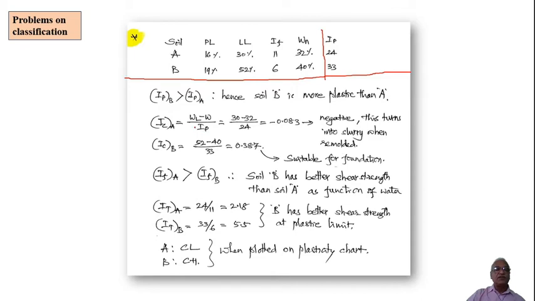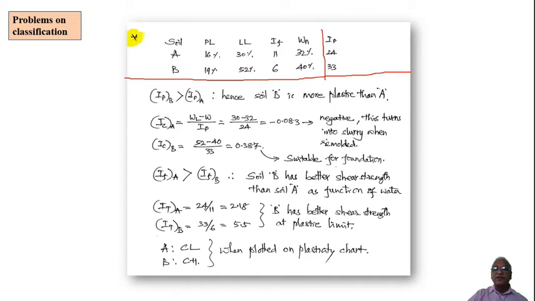IP is nothing but WL minus WP. Now IC is coming out to be negative, in the sense that the natural water content, you can just see here, for A is more than plastic limit. That's why it is coming negative.